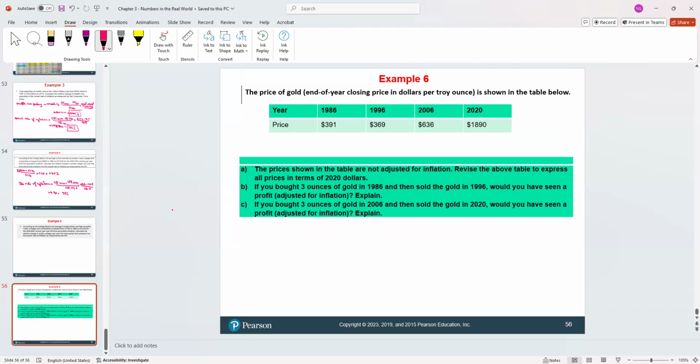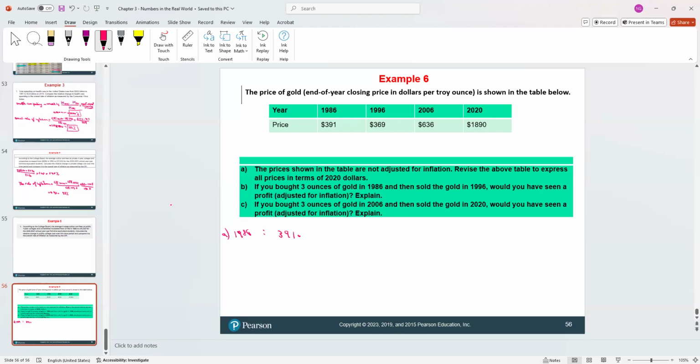So what I would do, like 1986, if I want to do it for 2020, all I need to do is take the price for 1986 and multiply it by the price index I find in the table.